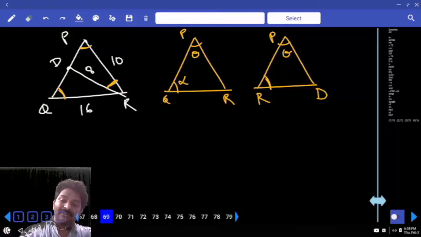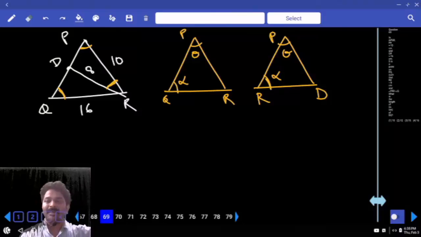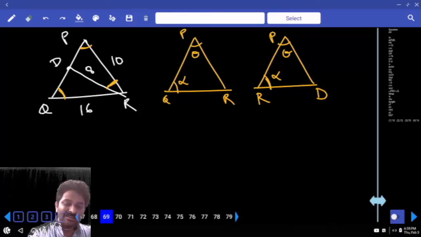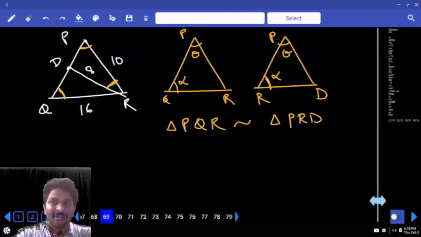If this is alpha, this is also alpha, correct? Now by the angle theorem, for a triangle, if two angles are the same, the third angle must also be the same. So what do we call these types of triangles? Similar triangles. PQR and triangle PRD are similar triangles.